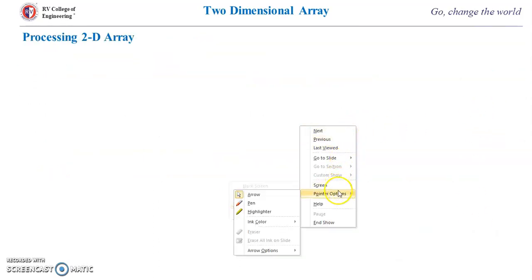Next we will see how to process a 2D array. For processing a 2D array we use a nested for loop. Nested for loop is used here to process a 2D array. In a nested for loop we have an outer loop and an inner loop.